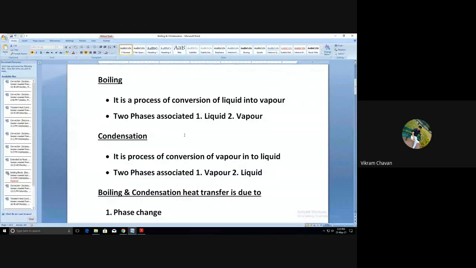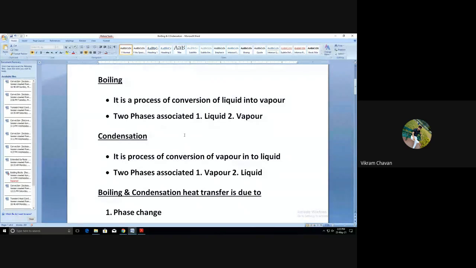Then condensation. Condensation is the process of conversion of vapor into liquid.